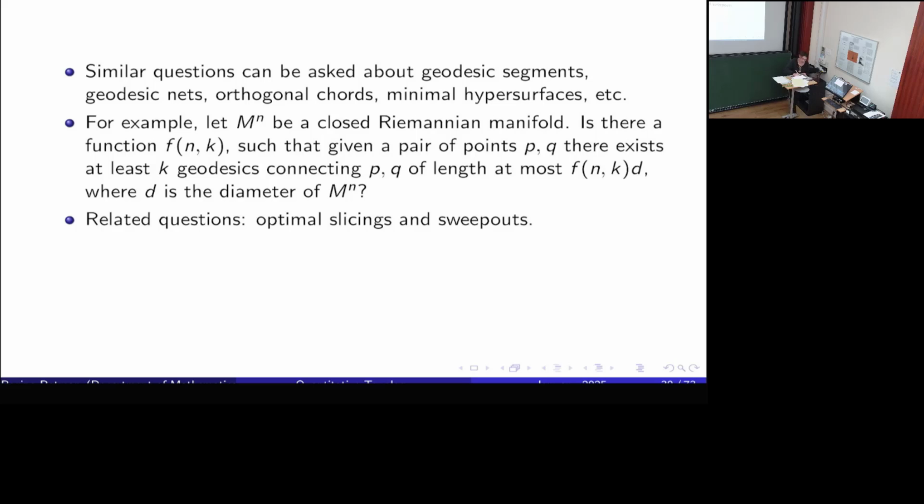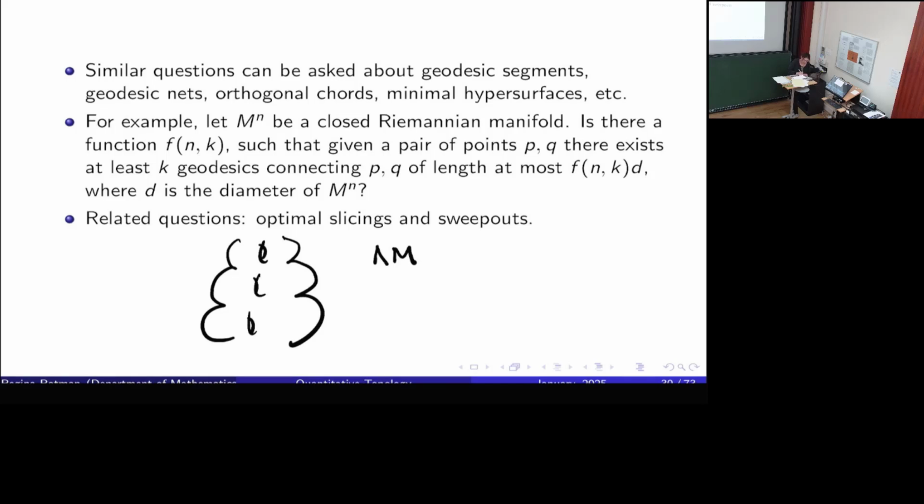Remember that to prove this theorem, we talked about lambda m. Points of this space are closed, piecewise differentiable, closed curves on M. And remember that we started with a non-contractible sphere.